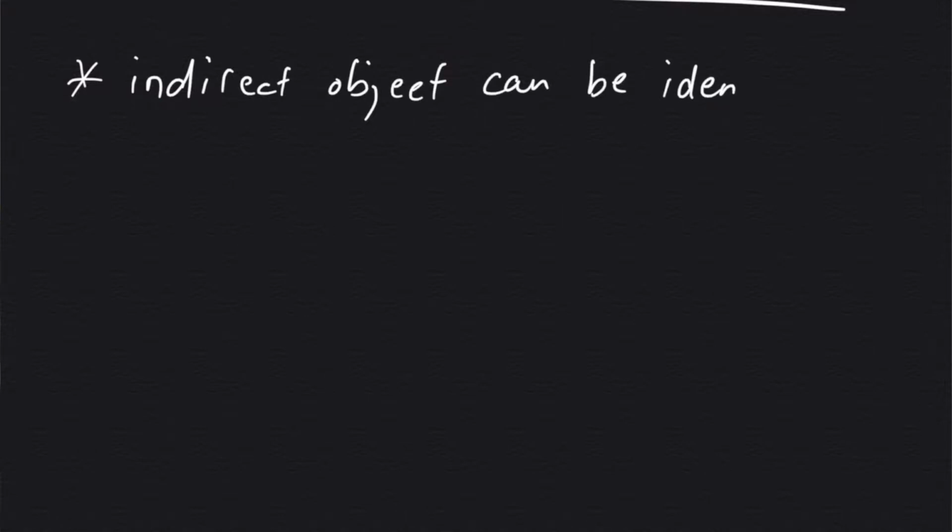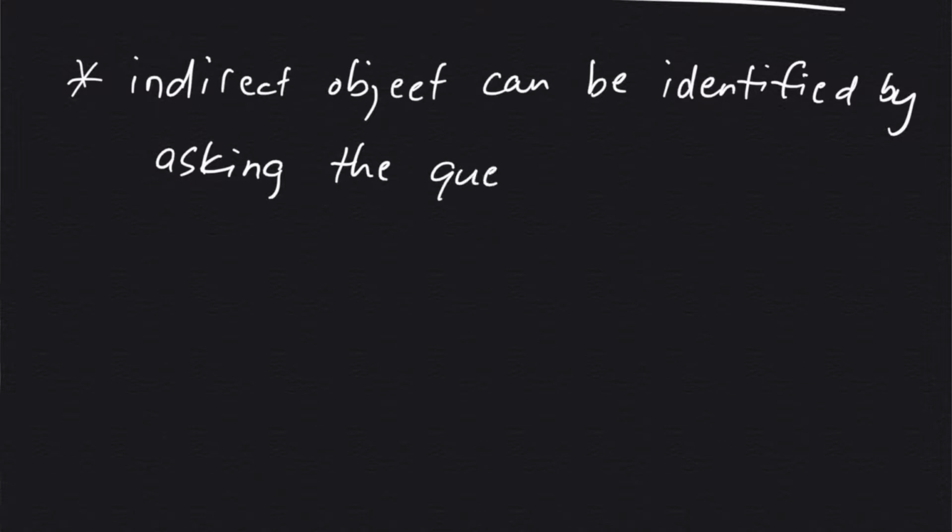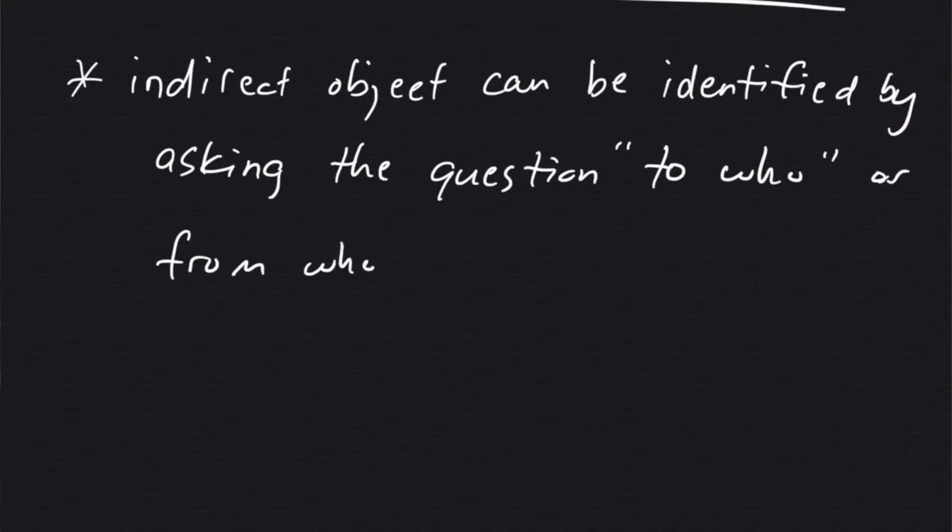So your indirect object can be identified by asking the question "to who" or "from who."